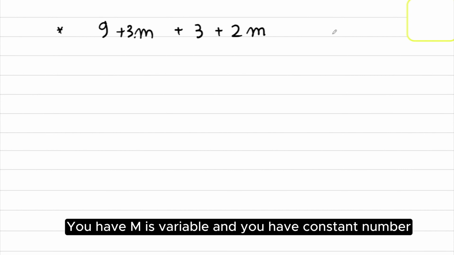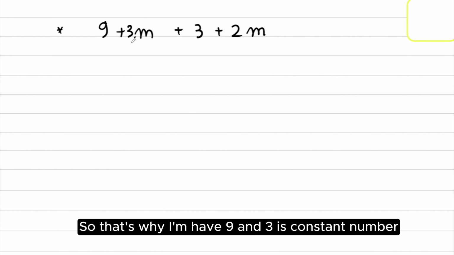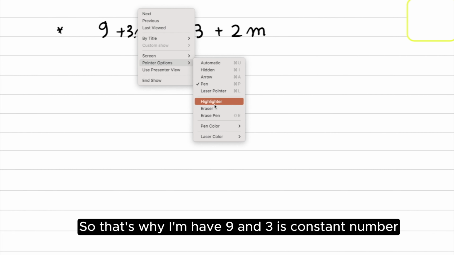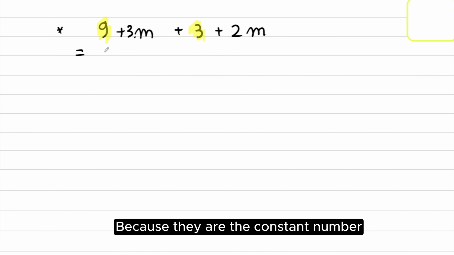You have m as the variable and you have constant numbers. You have 2 constant numbers. A constant number means you have only a number with no variable standing together. So that's why 9 and 3 are constant numbers. Because they are constant numbers, I can put them together like this.